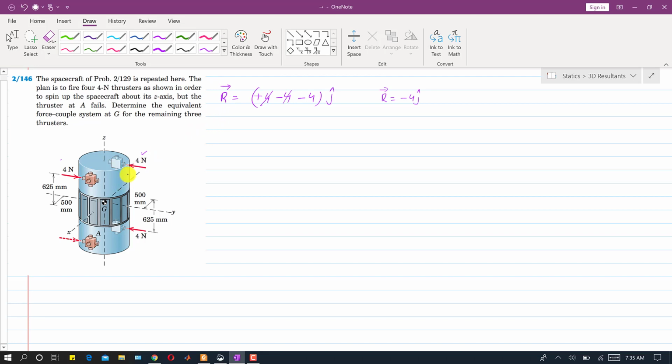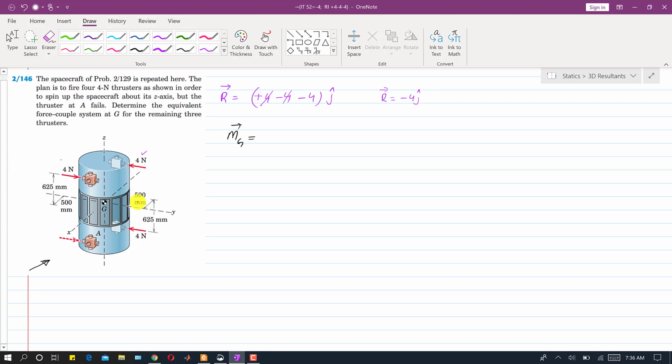And to replace these 3 forces by a force couple system at G, we will find the moment due to all these 3 forces about this point G. So if we look at these 3 forces from this direction, the moment about G will be equal to, since this spacecraft is symmetrical, this 4 Newton and this 4 Newton have the same perpendicular distance from the y-axis.